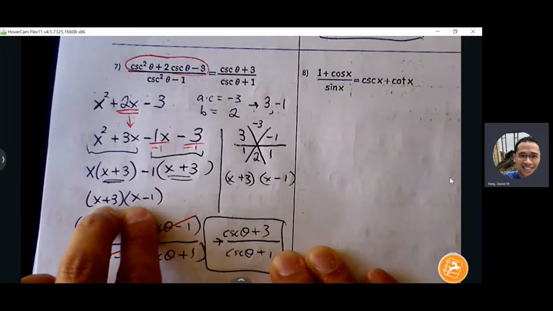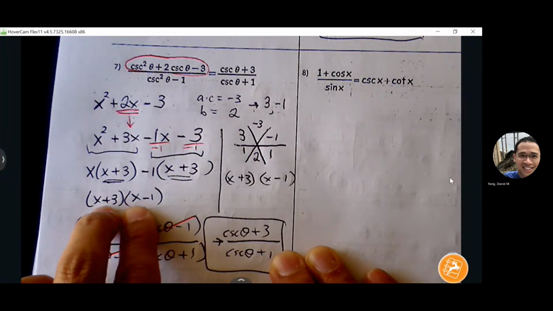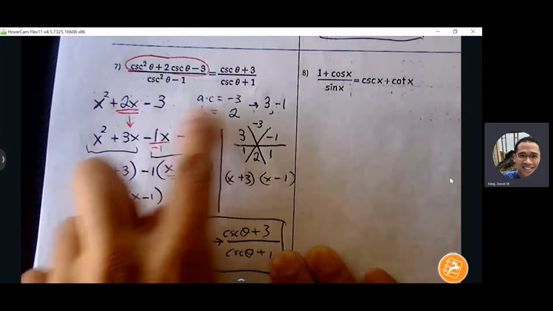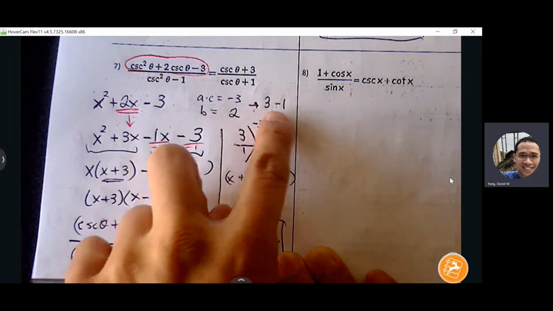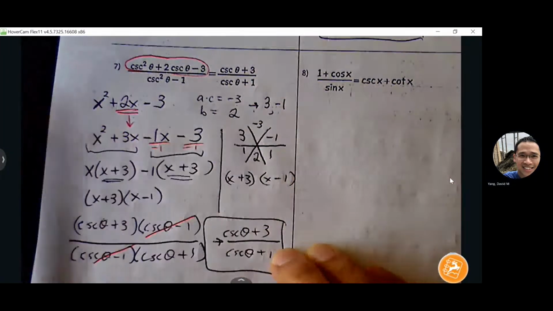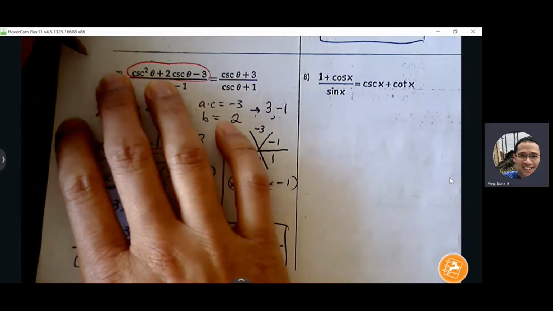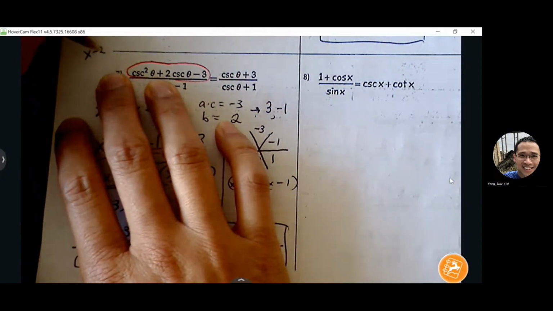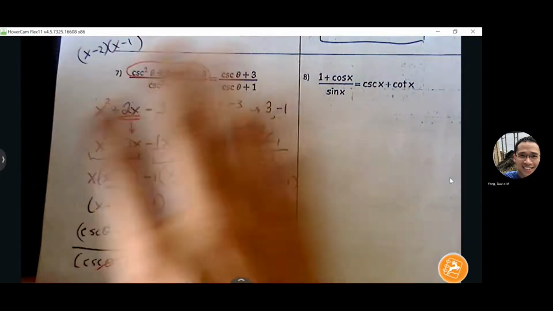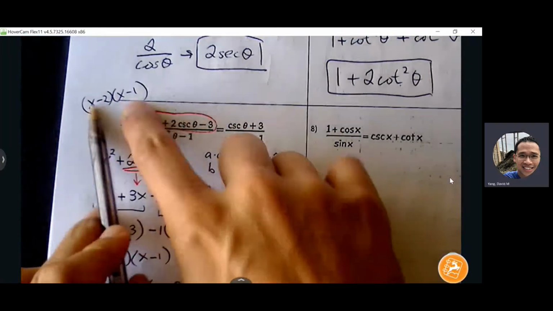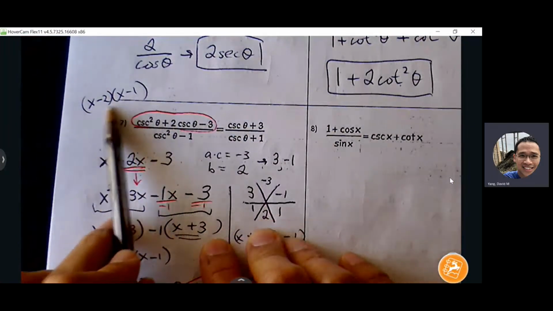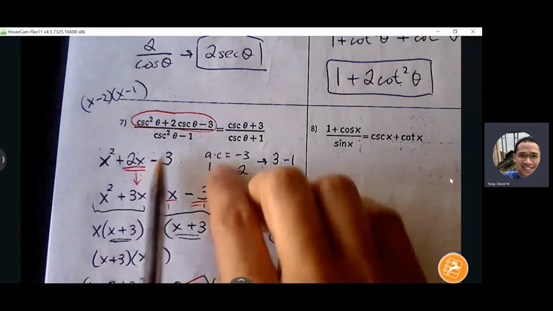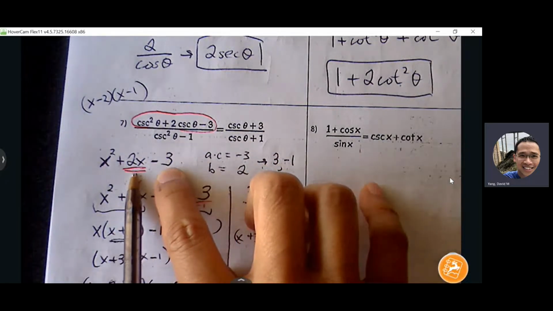Oh, you mean the final factored form? Well, I need to be able to multiply to be -3 and add up to be 2. So what did you say again? X minus... Okay, the issue here is if I were to FOIL this out, I would get x squared minus 3x plus 2, and that's not the same thing as this.